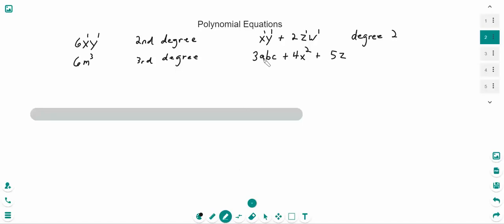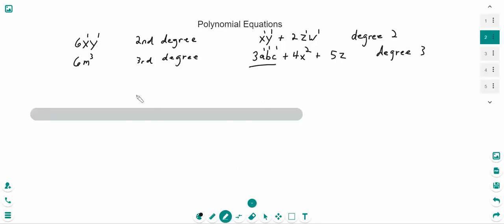And again, hopefully you got this one right, but the degree would be 3. It has the degree of 3. Okay, and that's because our term with the highest degree is this one, because if we add up the exponents, we end up with 3, which is larger than any of the other terms. So we have a degree 3 polynomial here.